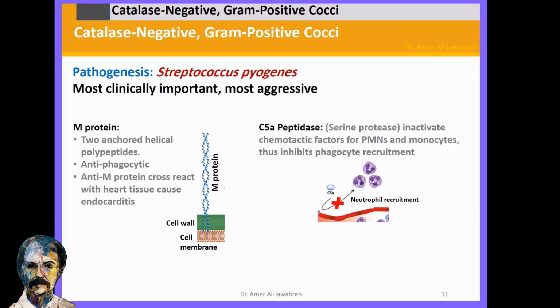It interferes in this call and prevents these white blood cells from coming to the site of infection. We call this inactivating the chemotactic factors, the calls for help, thus inhibiting phagocyte recruitment. So you will not see any white blood cells coming to the site of infection to destroy the bacteria because of this C5a peptidase.